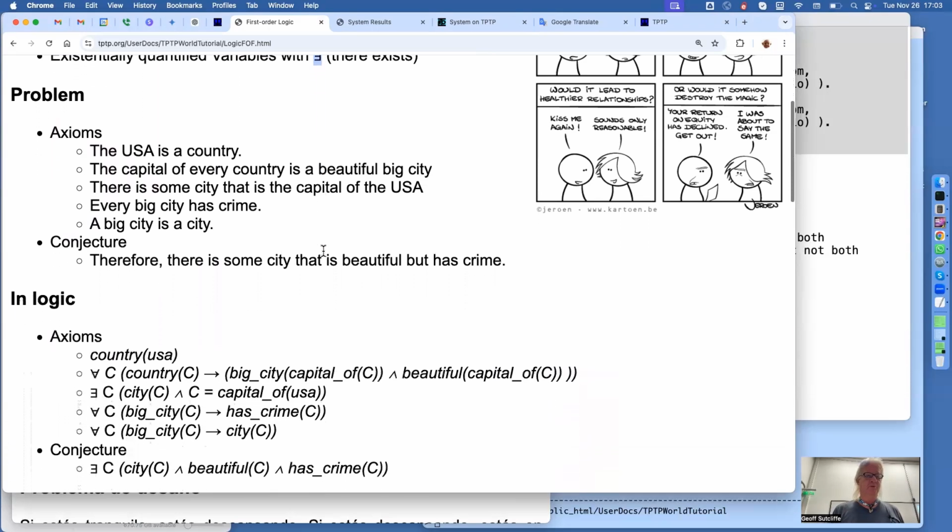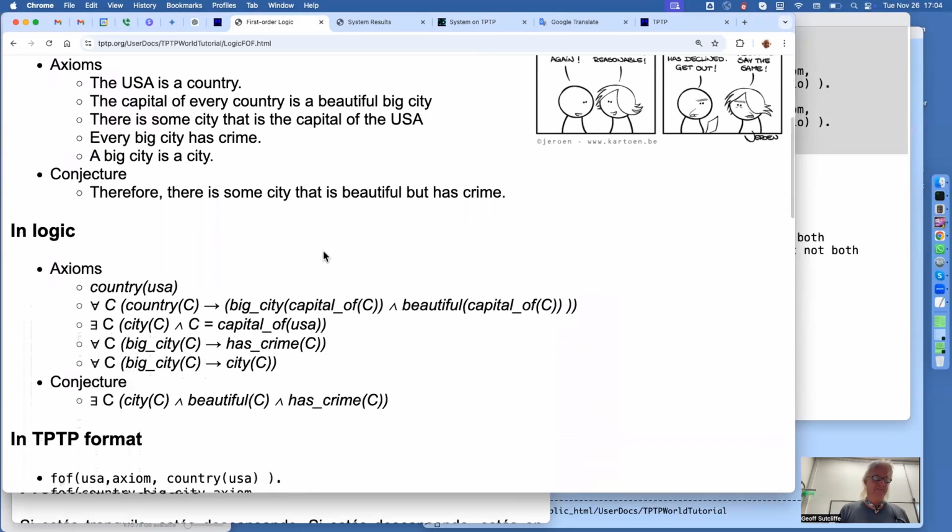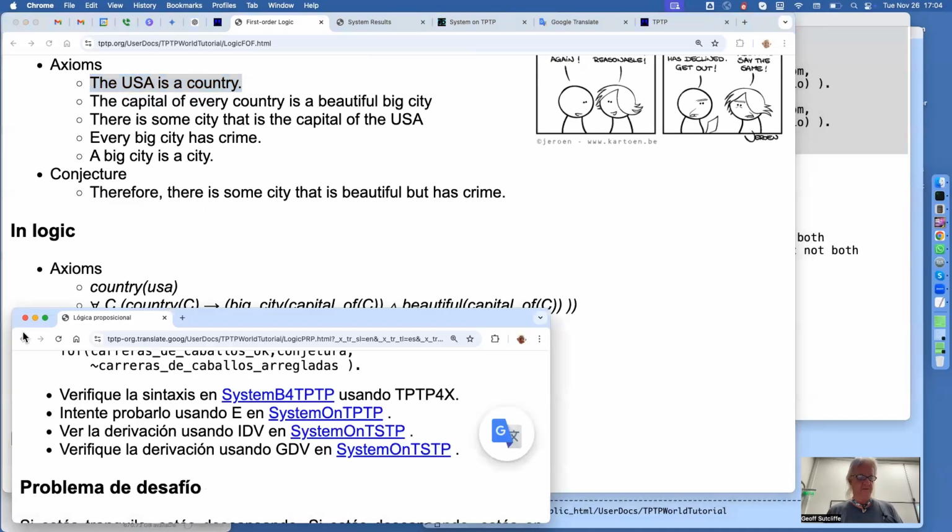So here's an example to show it, just to see the idea. The USA is a country. The capital of every country. I can put it up in Spanish as well. Let's do it. Hold on, I'll put it up in Spanish as well.